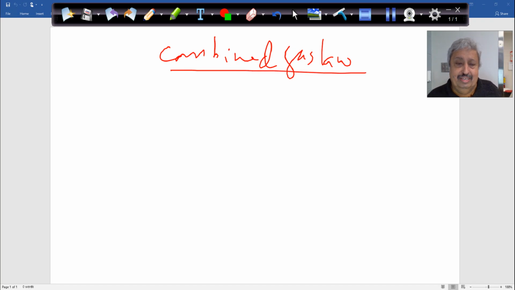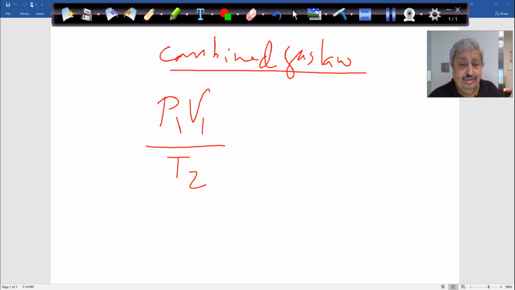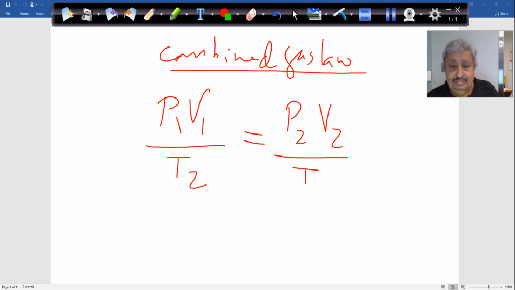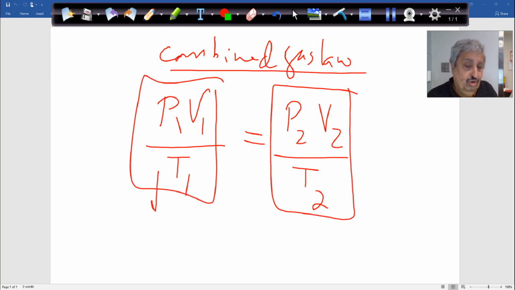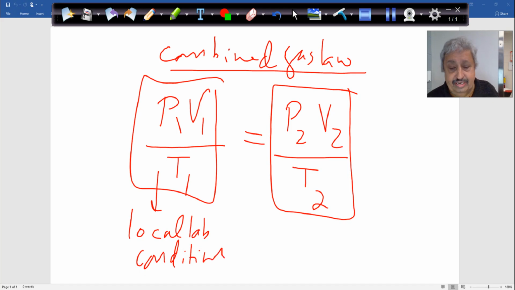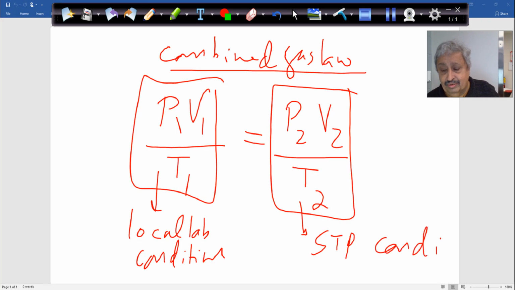We're not yet there, but this is P1V1 over T1 equal P2V2 over T2. Whatever is, we are looking at the STP. If this is local lab conditions, and this is STP condition, correct?